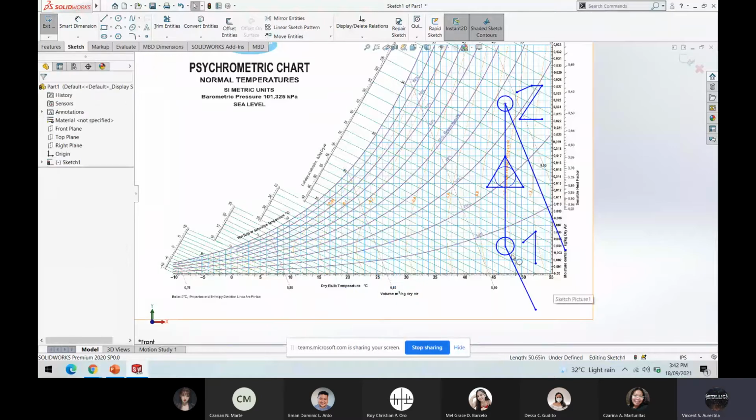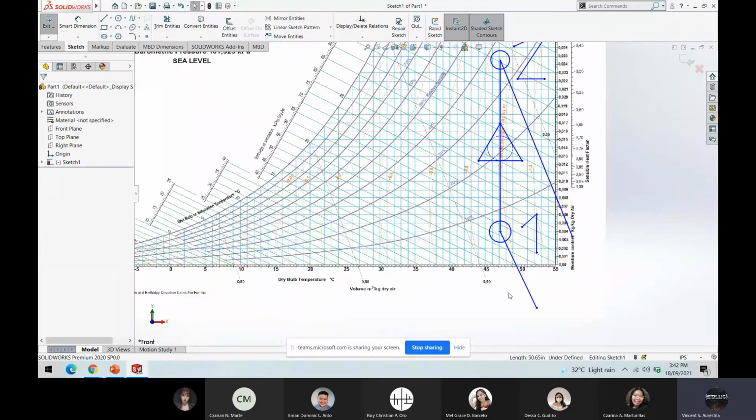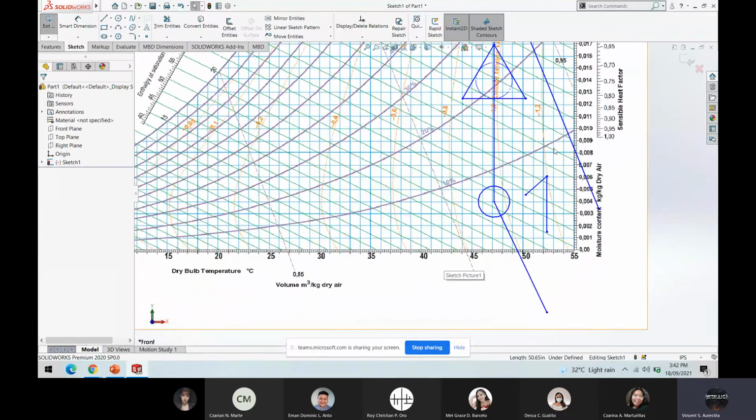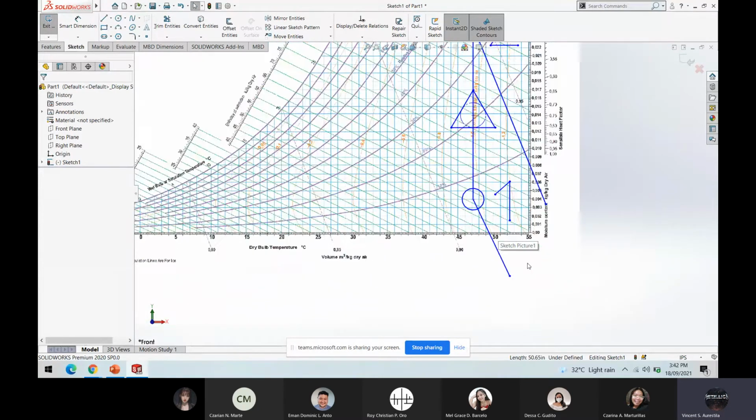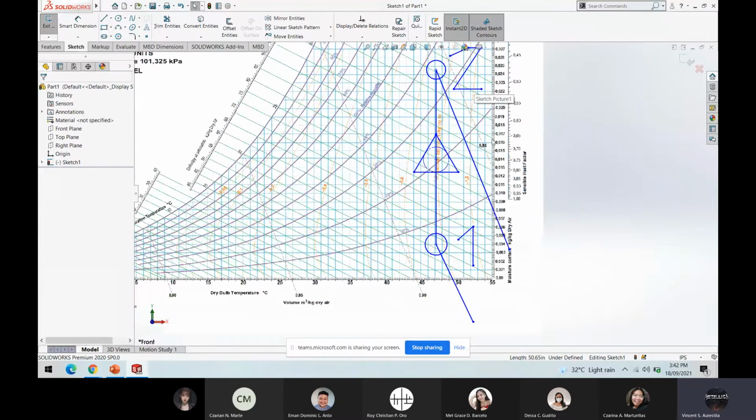So upon reading the psychrometric chart, in state 1 the specific volume is 0.91 cubic meters per kilogram of dry air. And state 2, let's assume, is 0.945 cubic meters per kilogram of dry air.